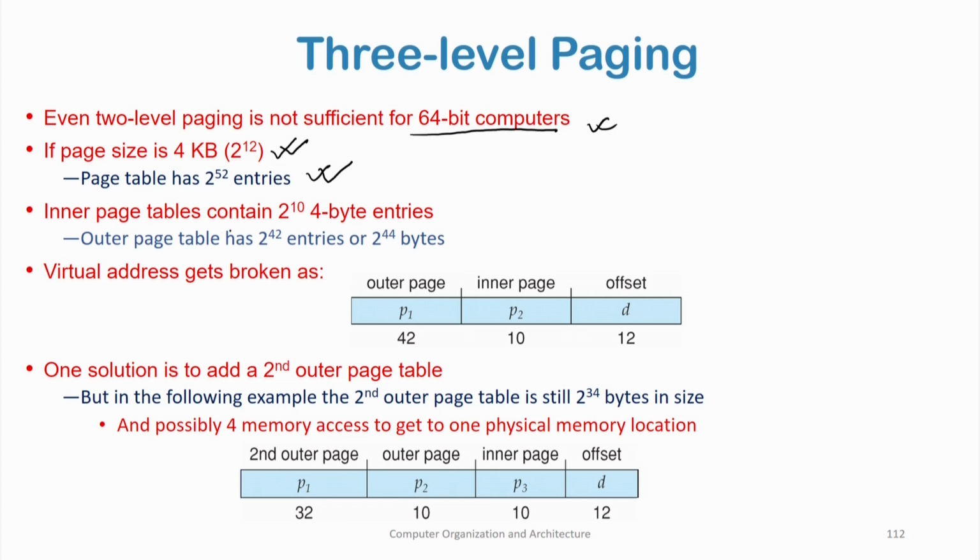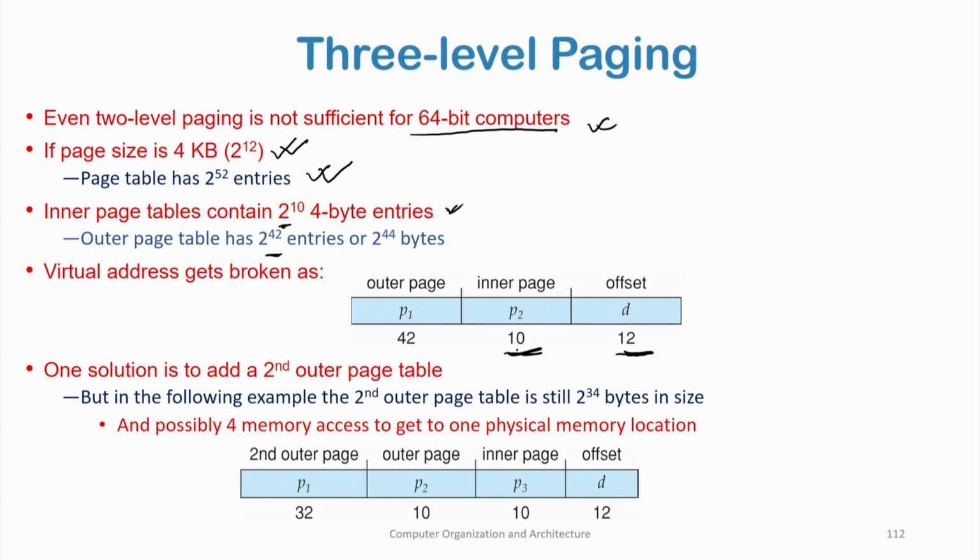Let us say the inner page table contains 2 to the power 10 4-byte entries, then the outer page table has 2 to the power 42 entries. So, my offset contains 12 bits, that is 2 to the power 12. The inner page table contains 2 to the power 10 entries, so I use 10 bits.